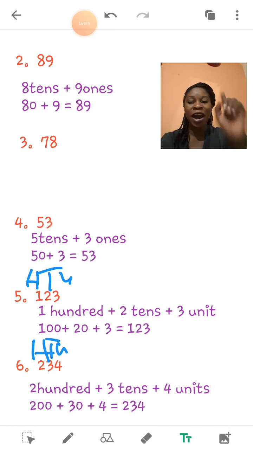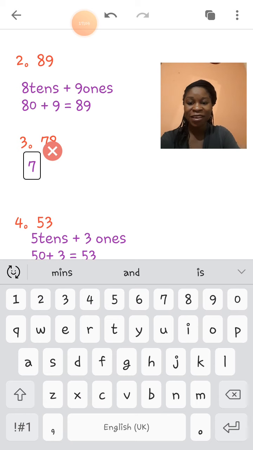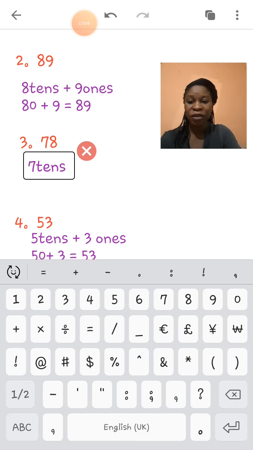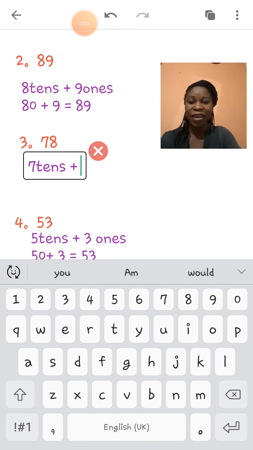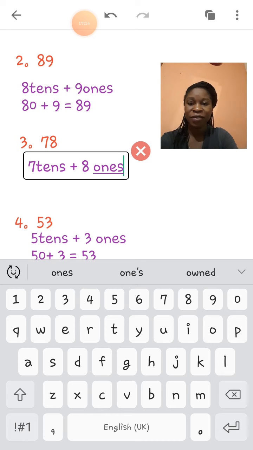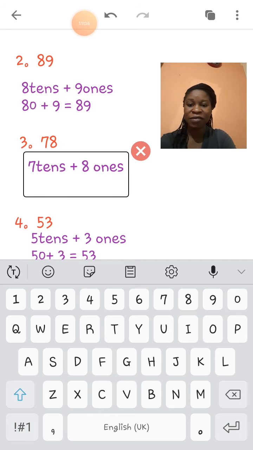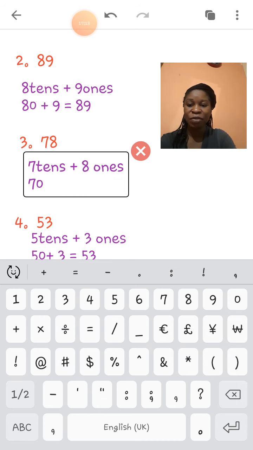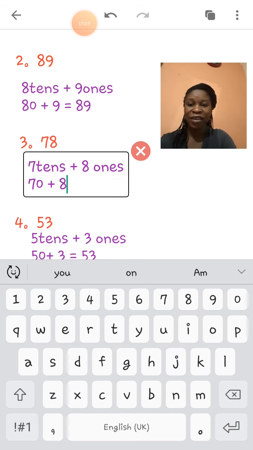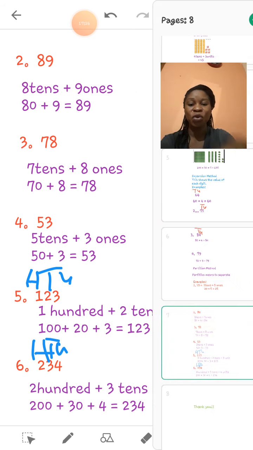Don't forget your 7 tens plus 8 ones, and that will give us 70 plus 8. It's quite easy. It's not difficult. Once you keep practicing every day, you will get used to it.